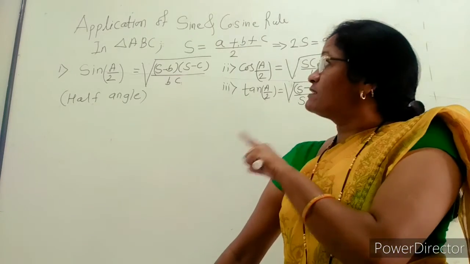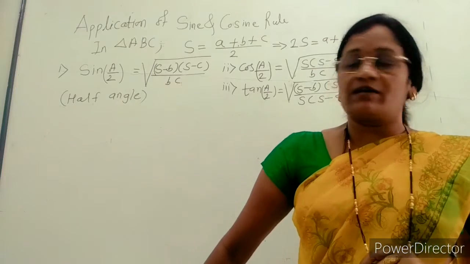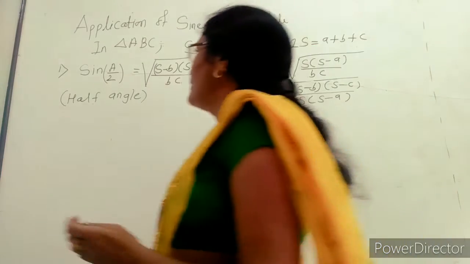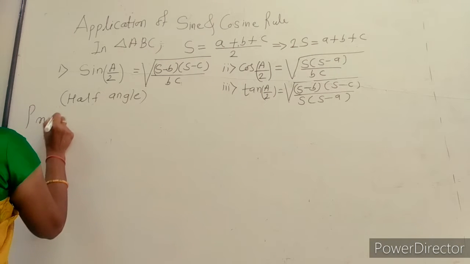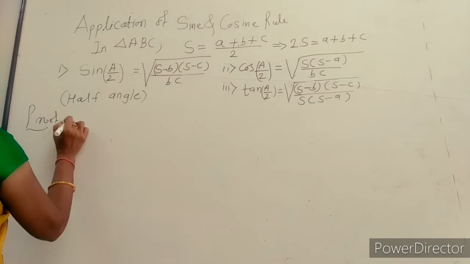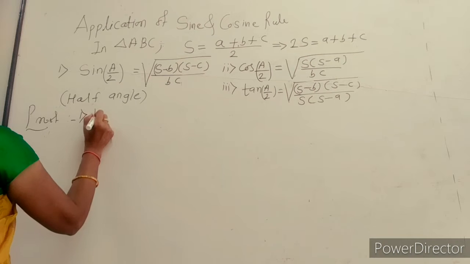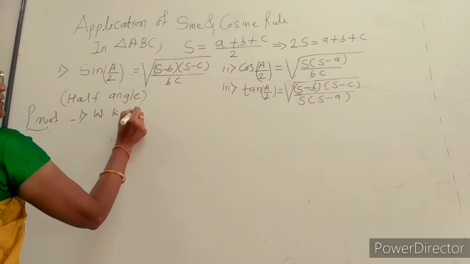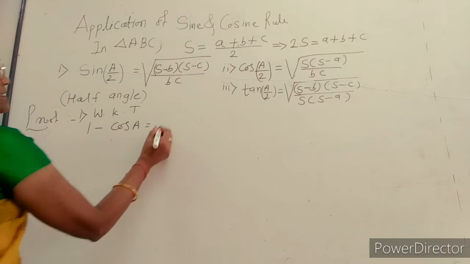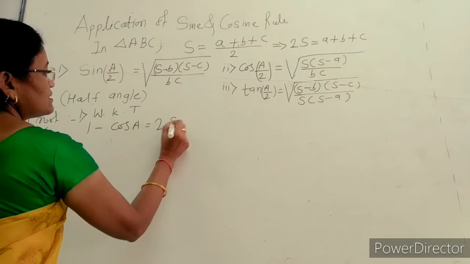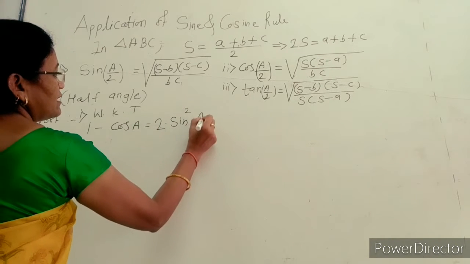Now here we prove this result by application of sine and cosine rules. For the first result, we know the identity 1 minus cos A is equal to 2 times sine square A by 2.